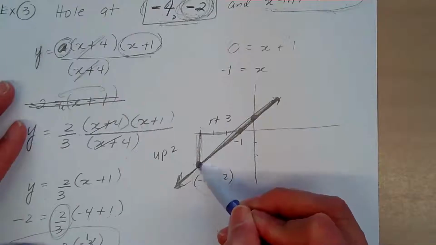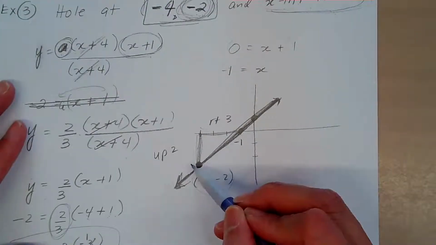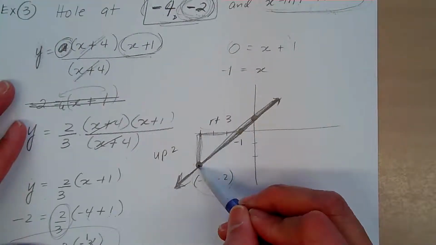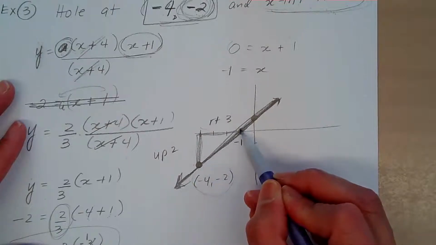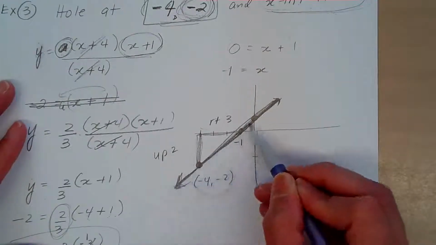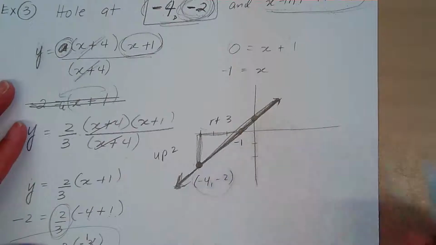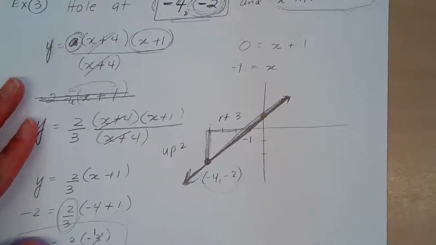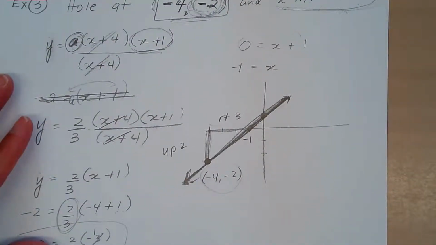So I'm using this point and these 2 points to figure out the slope of this line. The slope is positive 2/3.